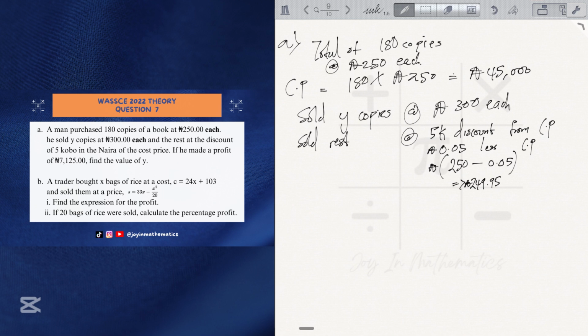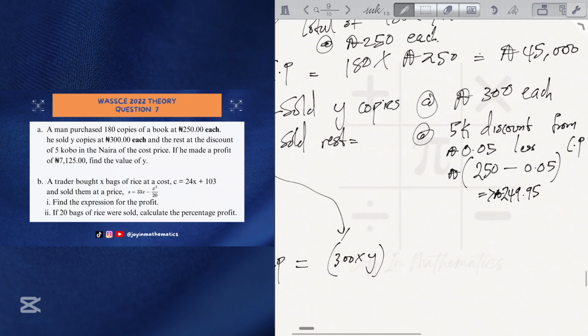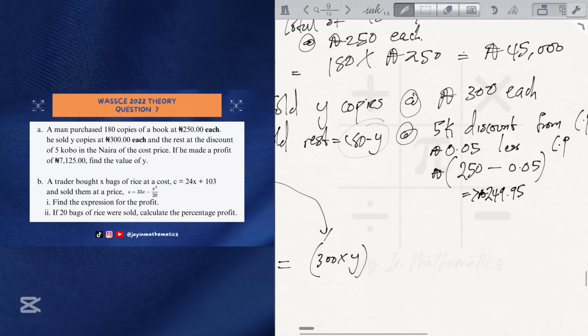Now let's deal with the selling price. He sold Y copies at 300 naira each. So the selling price will be equal to 300 multiplied by Y. That's the first. Now then he sold the rest. So if we bought 180 copies, the rest will be equal to 180 minus y, because they already sold y already.